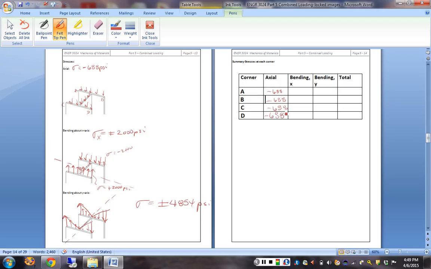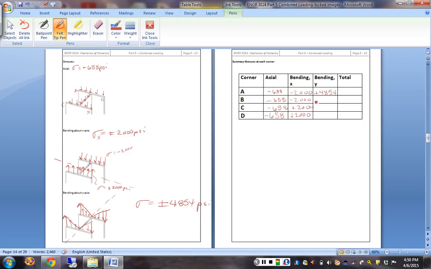All right. For bending about X, what do I have at corner A? I have minus 2,000. At B, minus 2,000. At C, plus 2,000, and at D, plus 2,000. And for Y, at A, I have plus 4854, whatever that number is.